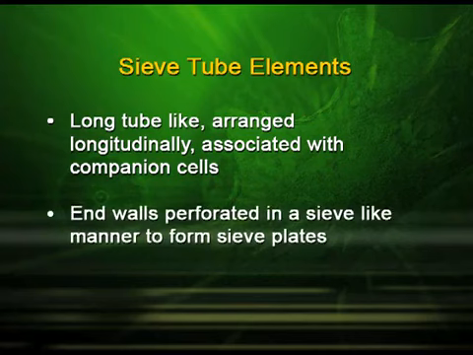Their end walls are perforated in a sieve-like manner to form sieve plates. Companion cells. They are parenchymatous cells and closely attached to the sieve tube elements by pit fields. They maintain the pressure gradient in sieve tubes.